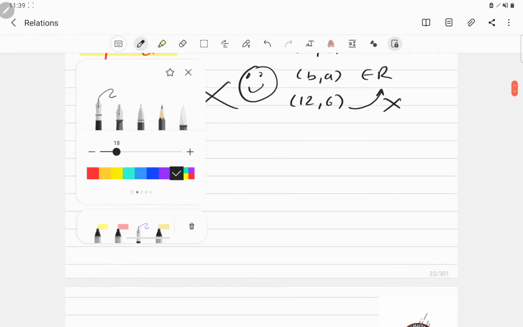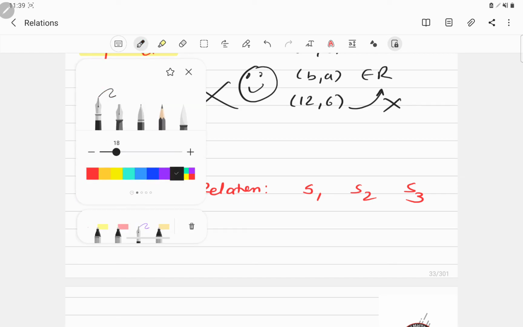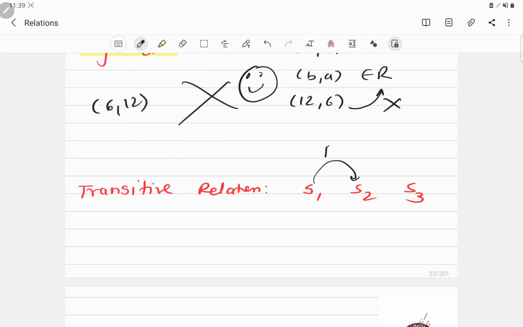Okay, then the next type is whether it is transitive. Okay, what is transitive relation? Every one of you knows what is transitive relation. So student 1 is a friend of student 2. Student 2 is a friend of student 3, and if S1 is a friend of S3, then and only then it is called transitive relation.